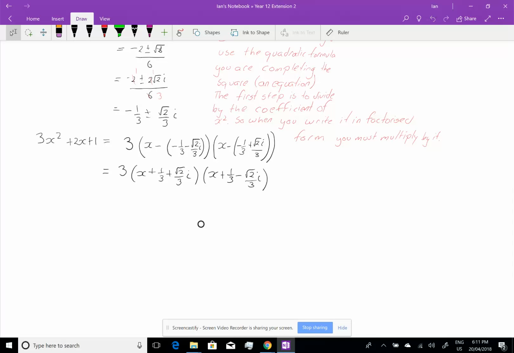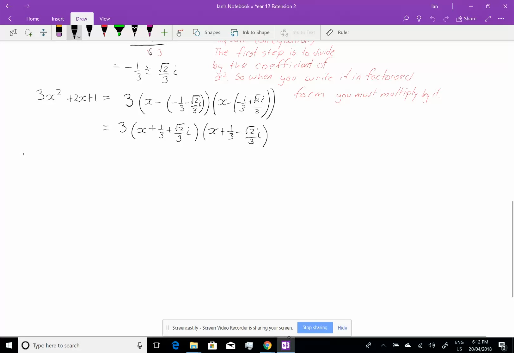Let's go back. And this is example 13, on page 176.